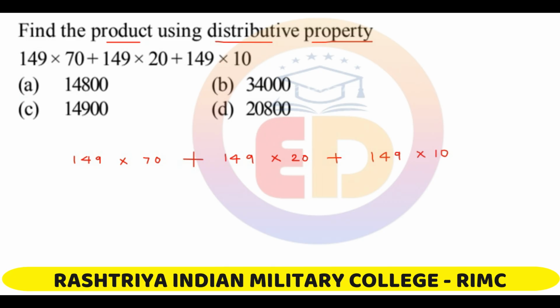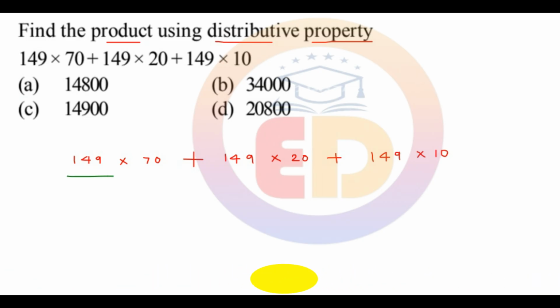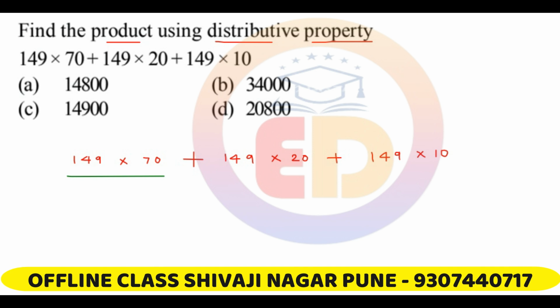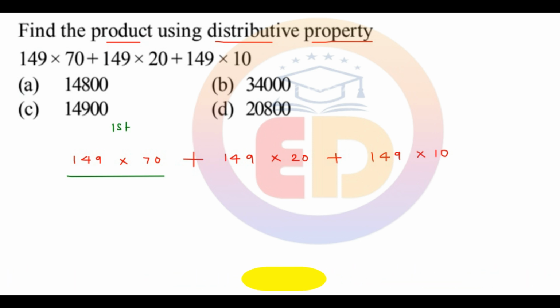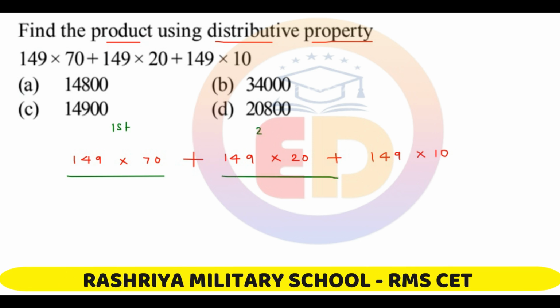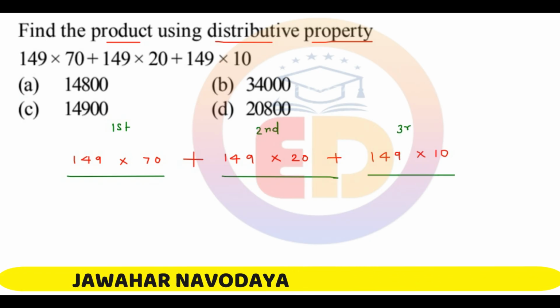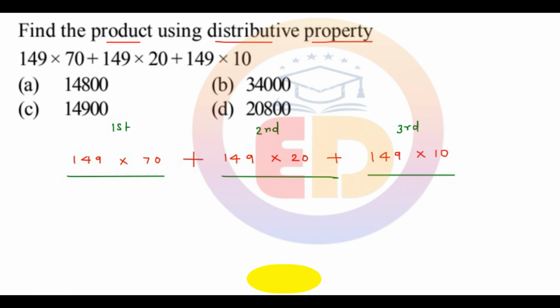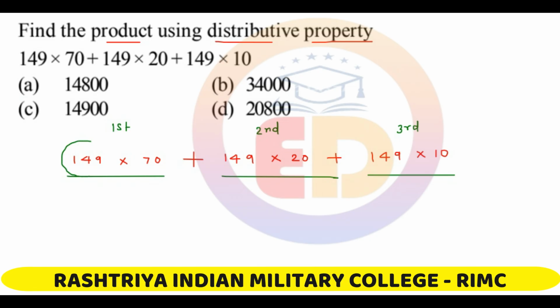Now if you closely look here, there are three terms. First is 149 into 70. Second term 149 into 20, third term 149 into 10. And if you notice, in all the three terms 149 is common.